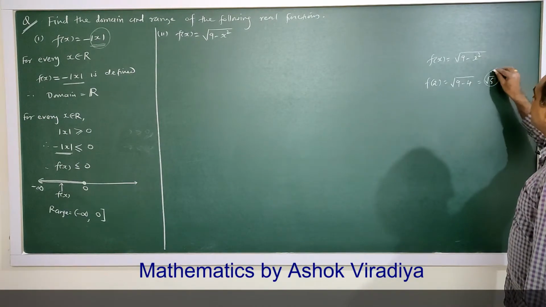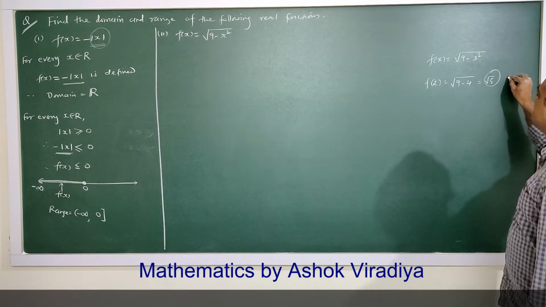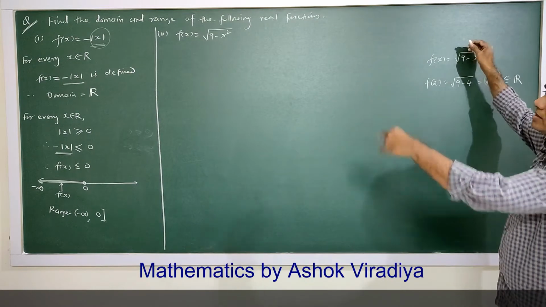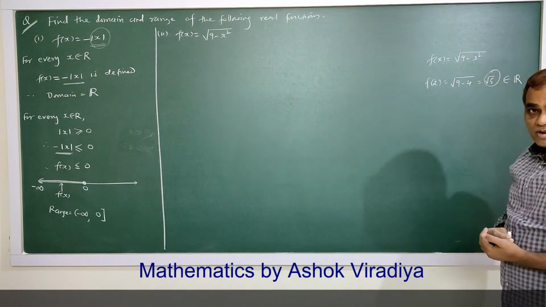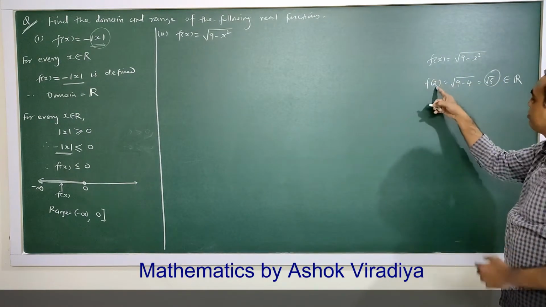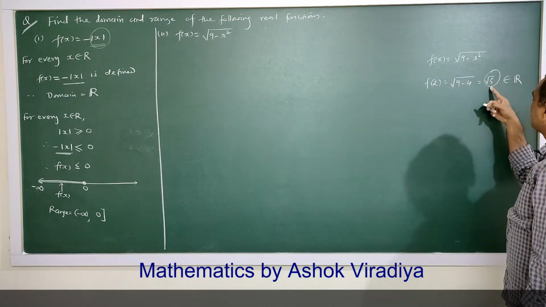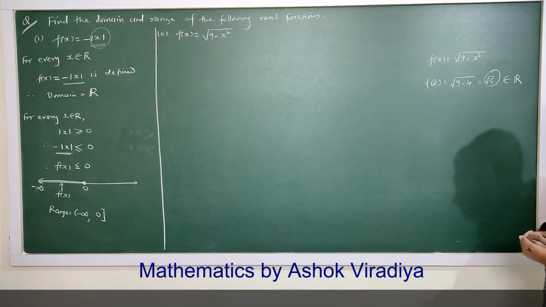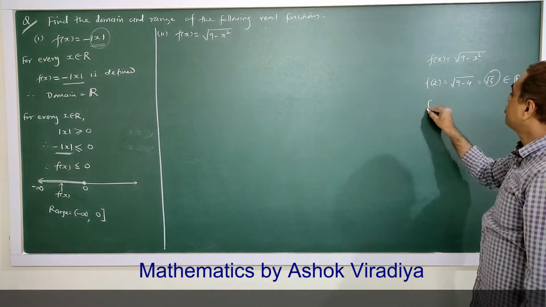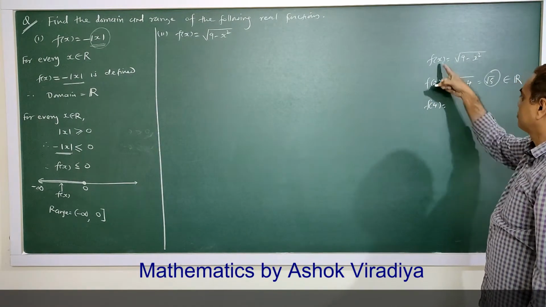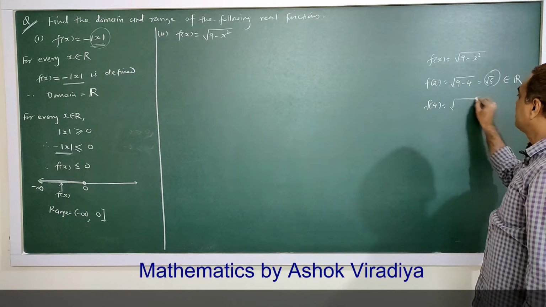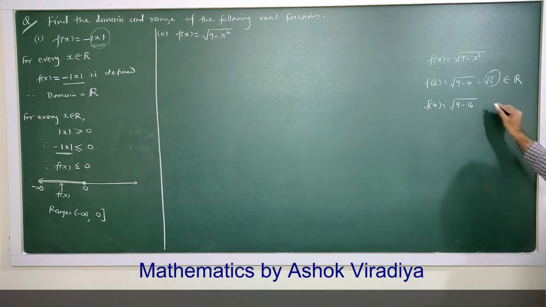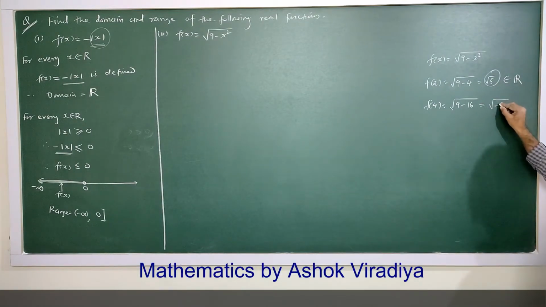Square root of 5 is a real number. In this function, putting 2, square root of 5 is its image, and this is defined. Now if I put, suppose, 4, the square root of 9 minus 4 square, which is 16. 9 minus 16, that is minus 7.